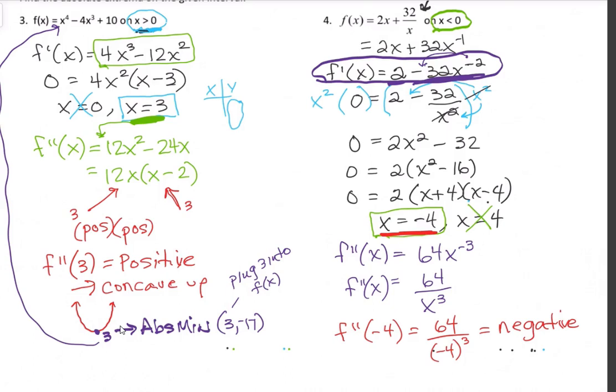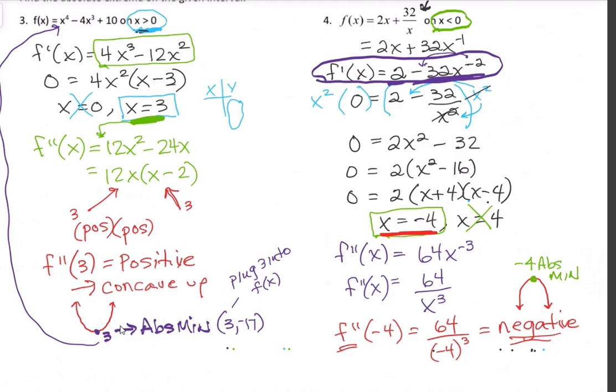And so remember what a second derivative being negative means. It means that my curve at this spot is concave down. So what does that mean? It means that I have determined that my -4 right here is an absolute min.